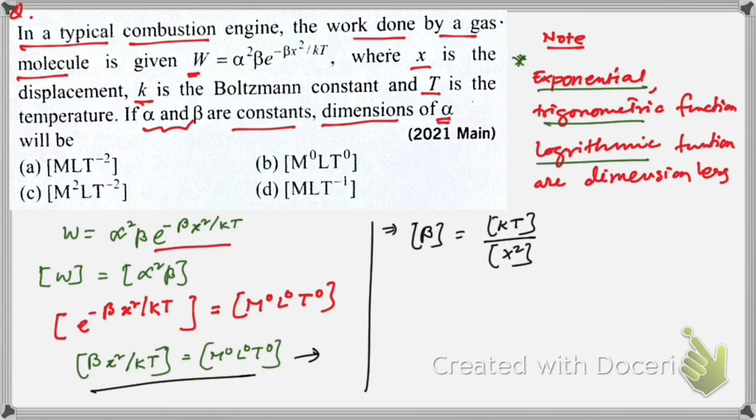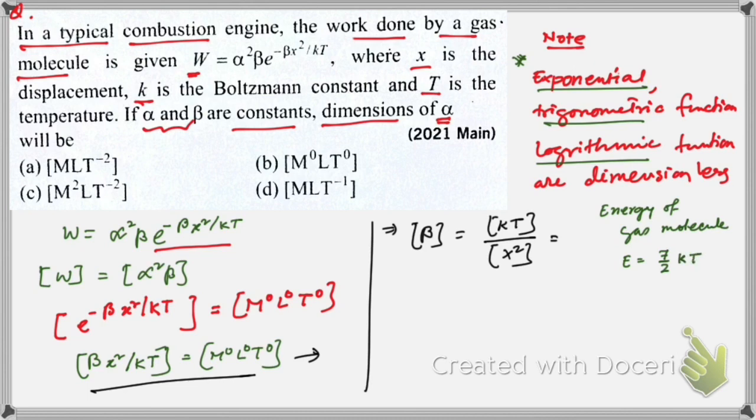Okay, so now you see, kT. Remember one more thing, the energy of a gas molecule is given by, if you have studied thermal physics, then you must have got this: E is equal to 7 by 2 kT, right?